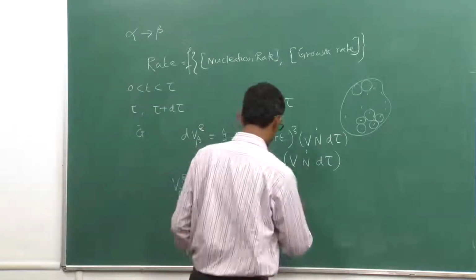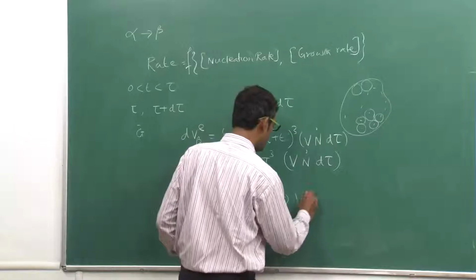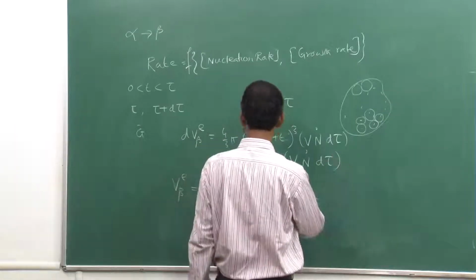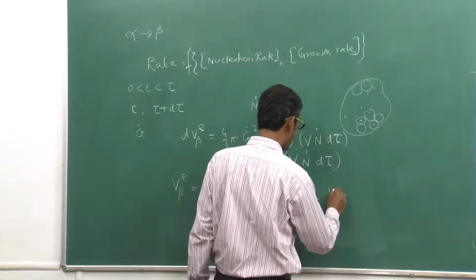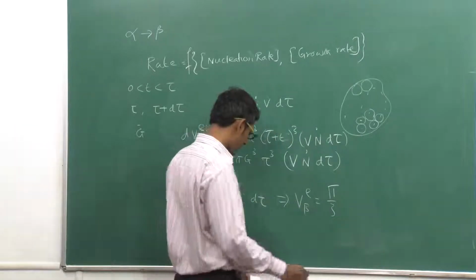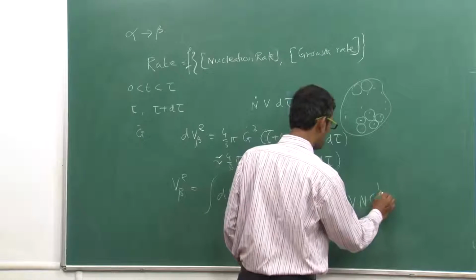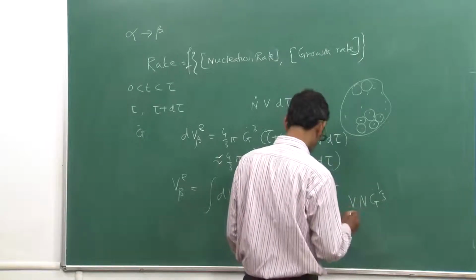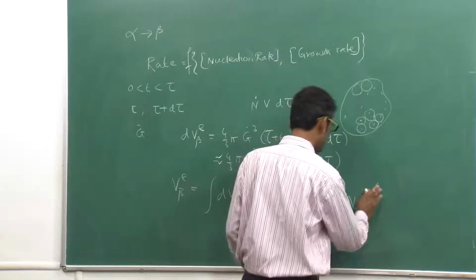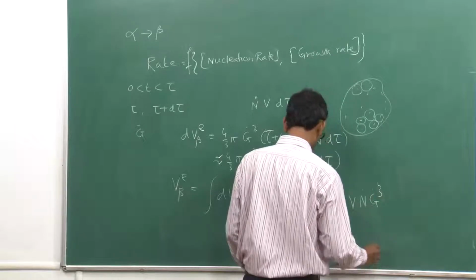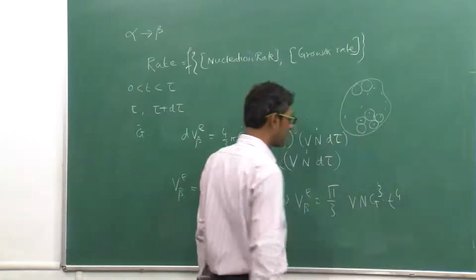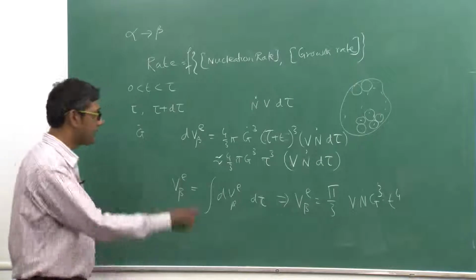So what you will get is V beta E equal to, with the cube giving 1/3 pi, V N dot G dot cubed, t to the power 4, and this is exactly what I wrote.